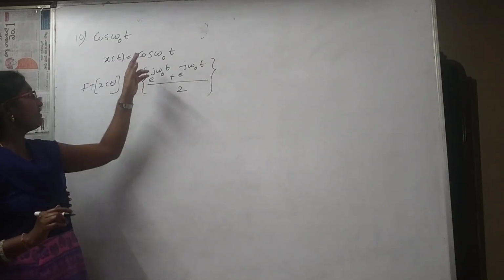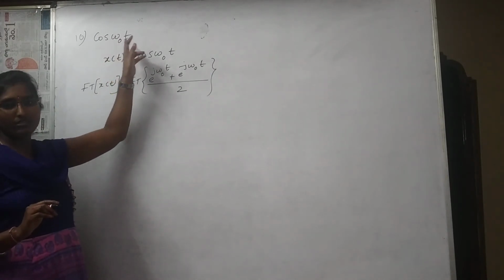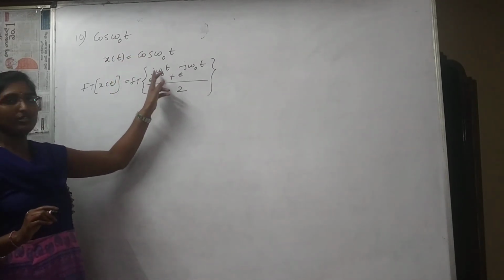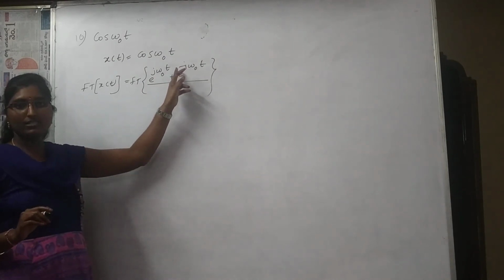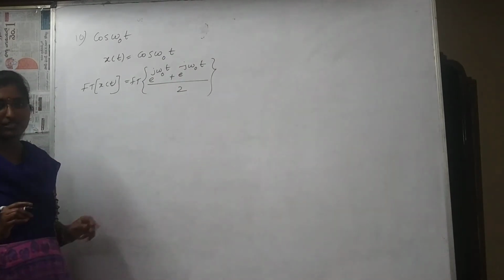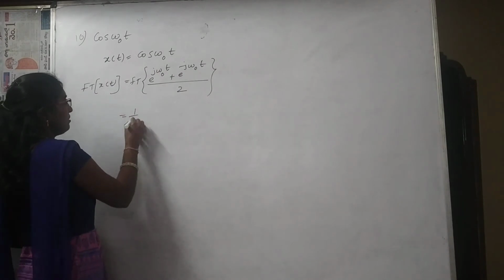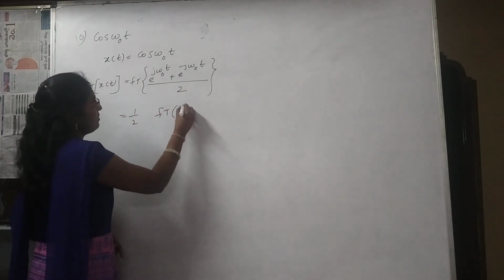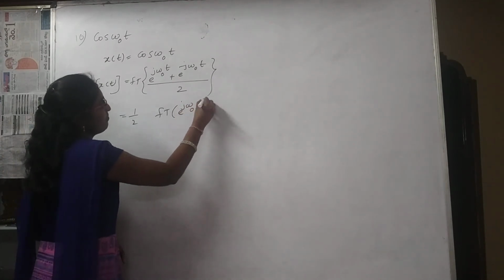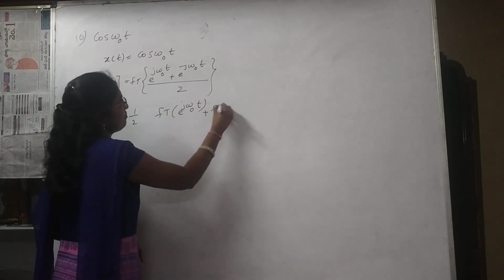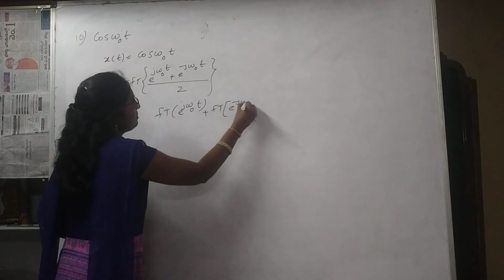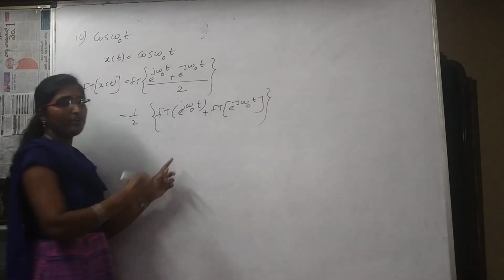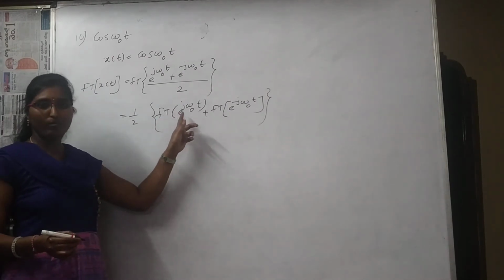And the next signal is the cos omega naught t signal. You can write the cos omega naught t function as e power j omega naught t plus e power minus j omega naught t, by 2. Let us apply the Fourier transform to that. 1 by 2 is a constant, you can bring it outside. Fourier transform of e power j omega naught t plus Fourier transform of e power minus j omega naught t. And just now you have finished the Fourier transform of the complex exponential signal.